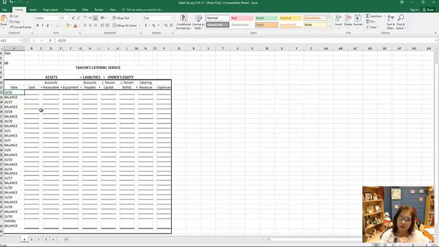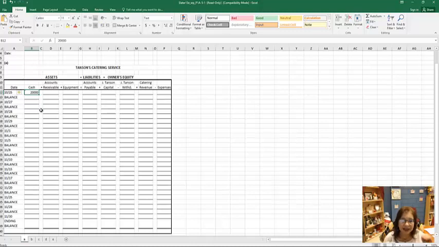He created a catering service bank account, and he's going to start by putting that money into cash. So what are you going to do on the 25th? He put $20,000 in, so you're going to add $20,000 in cash.